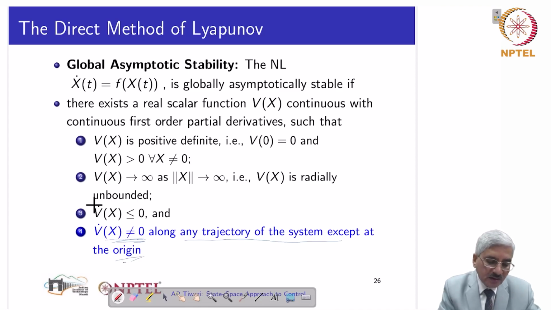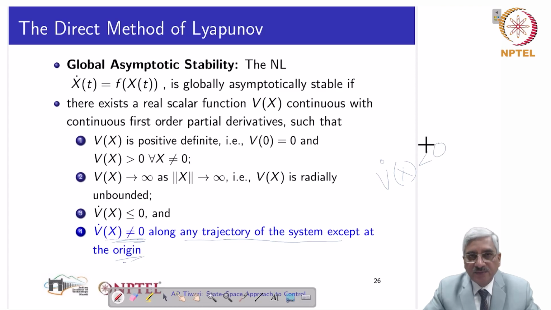So what we have done is that in the previous definition, V dot x was restricted to be negative definite, but if it is at some point semi-definite and that point is not on the trajectory of the system, then it should not bother us.